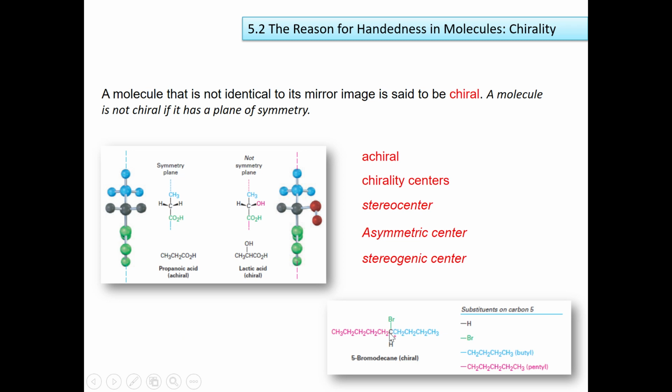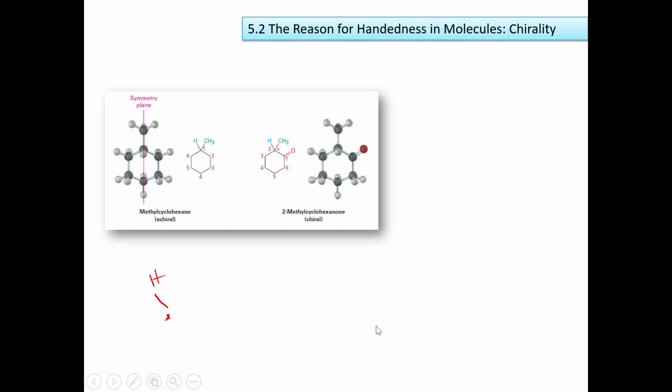This molecule then is chiral. We have one chirality center. Which chirality center? This carbon. Also, this chirality center can be called a stereocenter, asymmetric center, or a stereogenic center. These are synonyms, more or less.